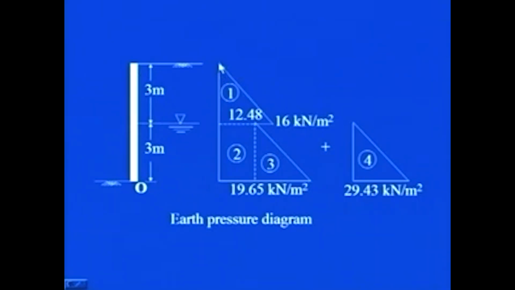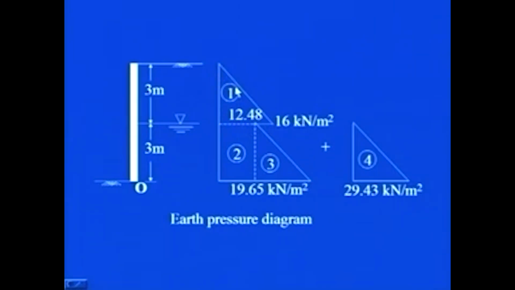So you see that from 0 to z is equal to 3, your pressure was 16 kilonewton per meter square due to the soil present in the top layer, and then just below this layer the pressure was 12.48.